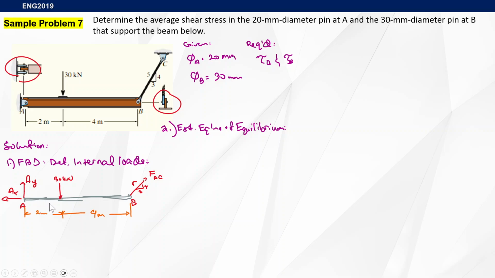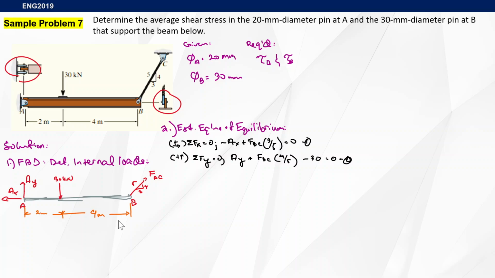In this particular case, even if you didn't take moment at point A at first, you would have to do that in order to solve the unknowns. What I did was create the equations of summation of forces across the x-axis and then the y-axis. As you can see, it's pretty problematic since FBC is unknown, AX is unknown, AY is unknown.